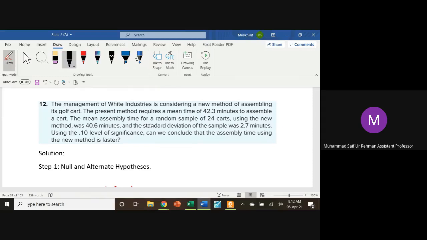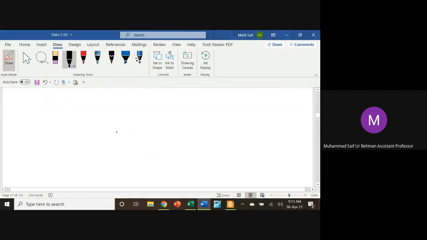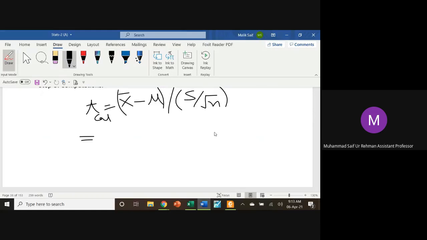The mean assembly time for a random sample of 24 cards using the new method was 40.6 minutes with a standard deviation of 2.7 minutes. So 40.6 is your X bar, minus mu, which was 42.3.